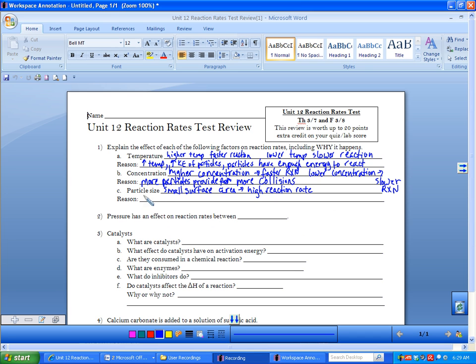All right, so more surface area with smaller particles provide for more space for reaction to happen.